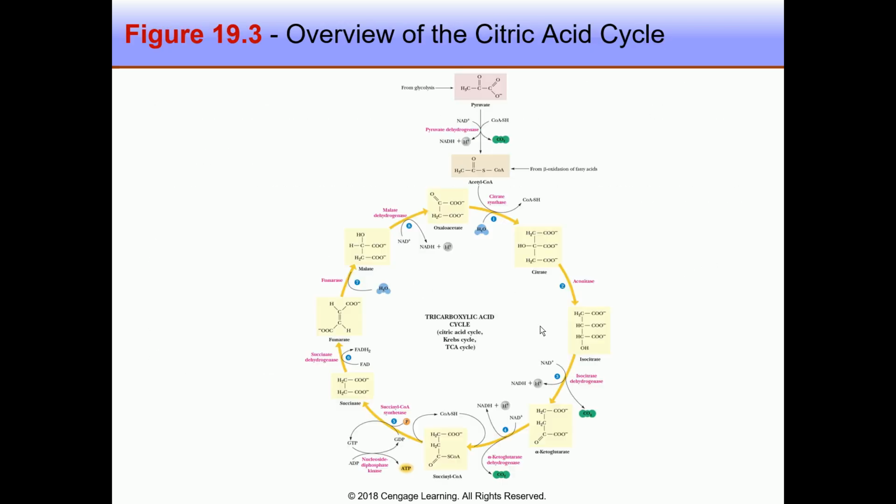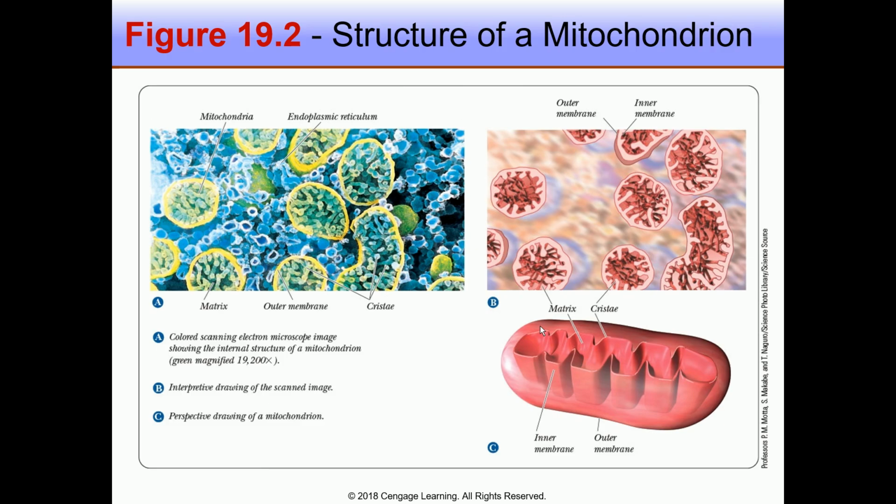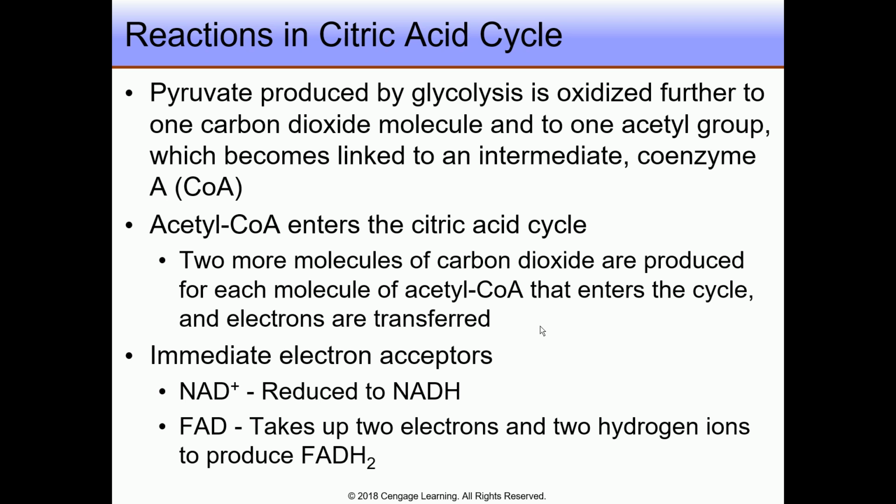Okay, so basically, let me explain from here. As we just discussed, the pyruvate which is produced by glycolysis is oxidized, which means it loses electrons, and it is converted into acetyl coenzyme A. It also loses one molecule of carbon dioxide, which means it loses one carbon.